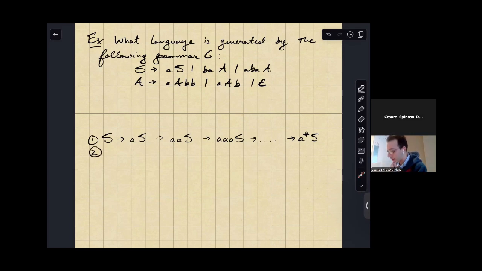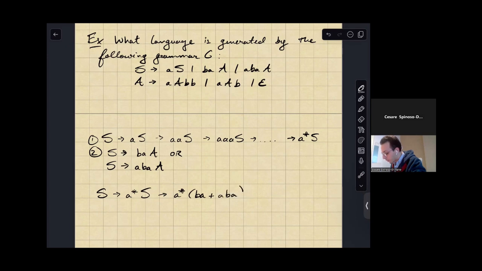Instead of generating a bunch of A's, I can directly go to the variable A, by generating on the left-hand side either BA or ABA. So if I take these two cases together, S can first generate any number of A's, and then S can go to A using either BA or ABA. I'm keeping this A star here.